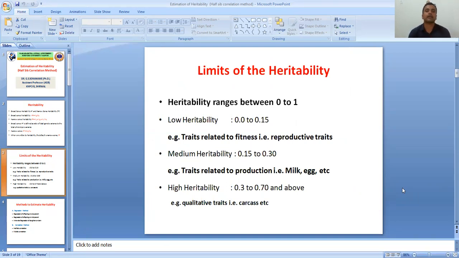And if we see, the production traits mostly come into the medium heritability traits like milk production, egg production, wool production, etc. Then in case of high heritability traits, 0.3 to 0.7 and above, under that the show traits or qualitative traits, for example carcass traits or color, etc., are coming under that category.